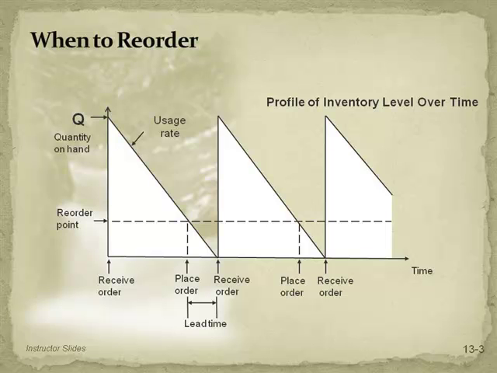So demand starts to decrease, and then at some point the inventory reaches a point where we say it's time to order, and that is the reorder point. We can see that over on the vertical axis. That's when we're going to place the order.